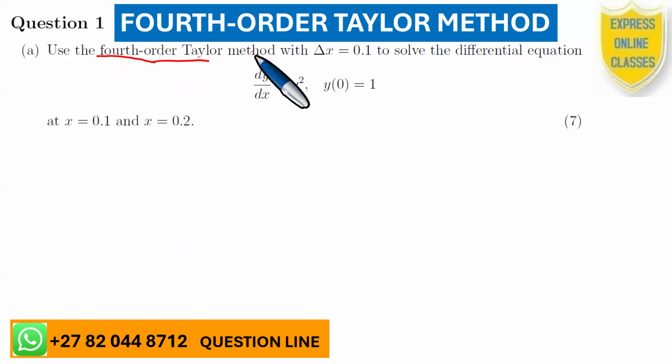I don't want a problem that is going to be very long. For this one, for example, 7 marks. Let's take note of the kinds of things we need to learn and master about this particular problem. The method of the fourth order Taylor method, it can be any order in the exam, but I want us to take it easy and refresh with this, because I'm looking at the amount of time.